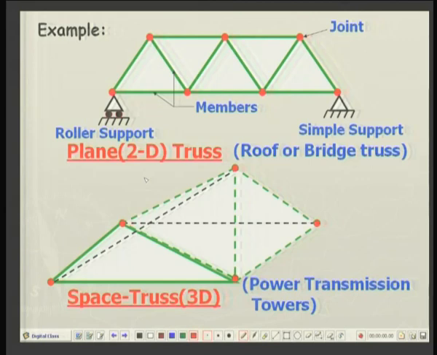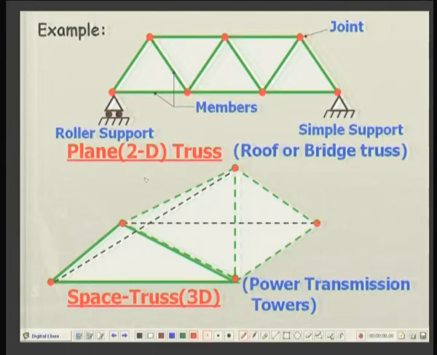Another example of a plane truss is when you visit a workshop or a godown and you look up, you will find that the roof and other loads are supported through a series of plane structures, and they are also examples of trusses.